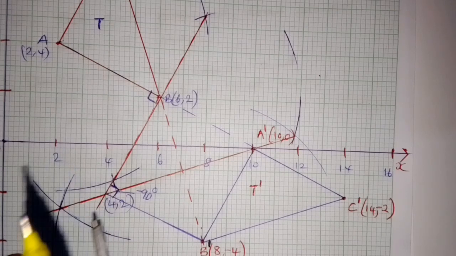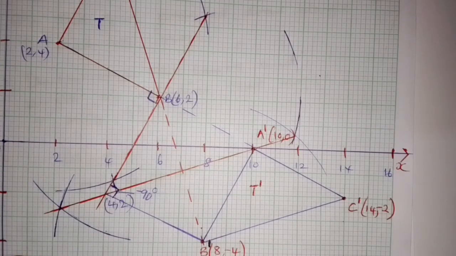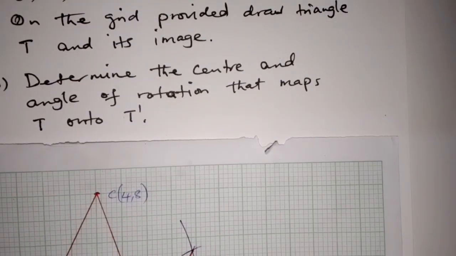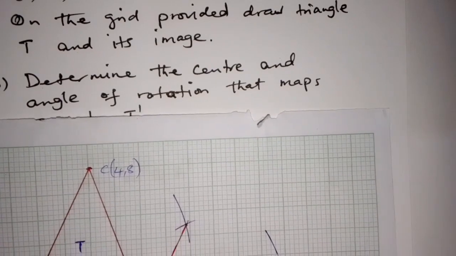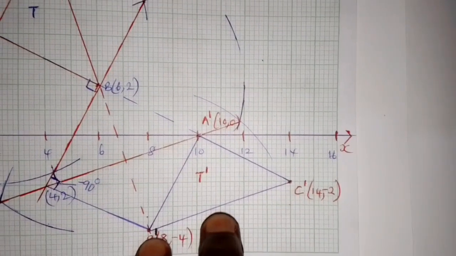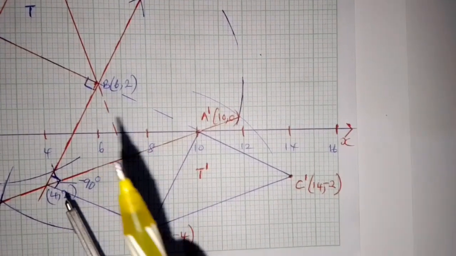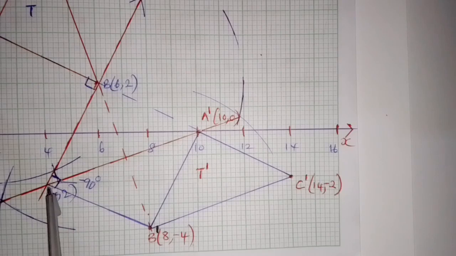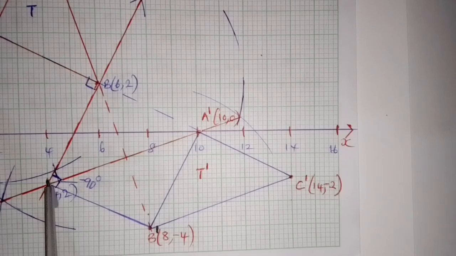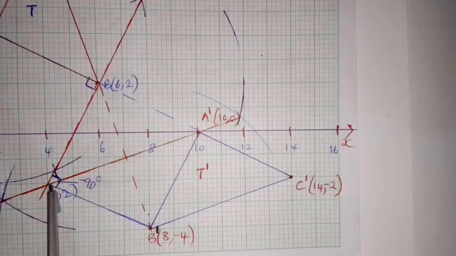So now we have been asked to determine the center and angle of rotation that maps T onto T prime. The center of rotation will be where the two lines meet. That is here. Then we get the coordinates of this point here.